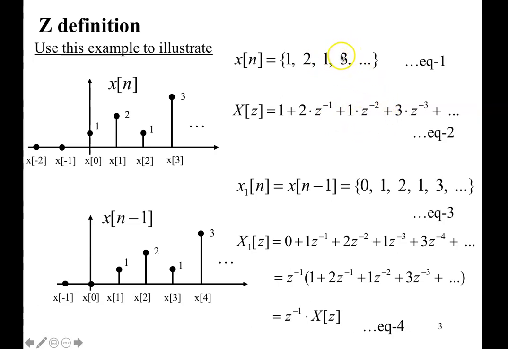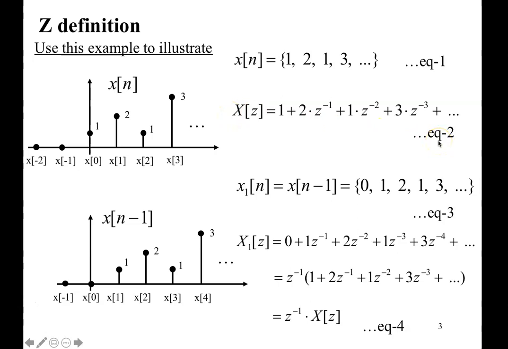And this number is multiplied by z to the power of minus 3, and so on. That's the definition of the z-transform, and there's really no doubt about that. If I have more values, I just continue writing them. Suppose that sequence is x(n), then the z-transform of that, I will say X(z). That's in equation number 2.